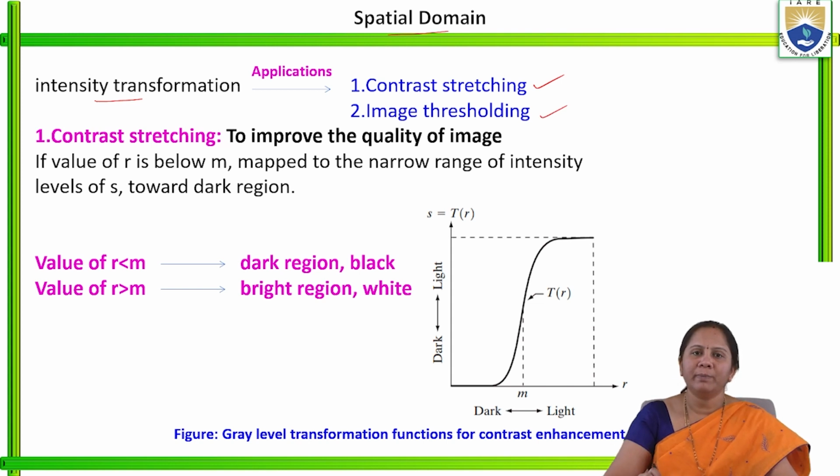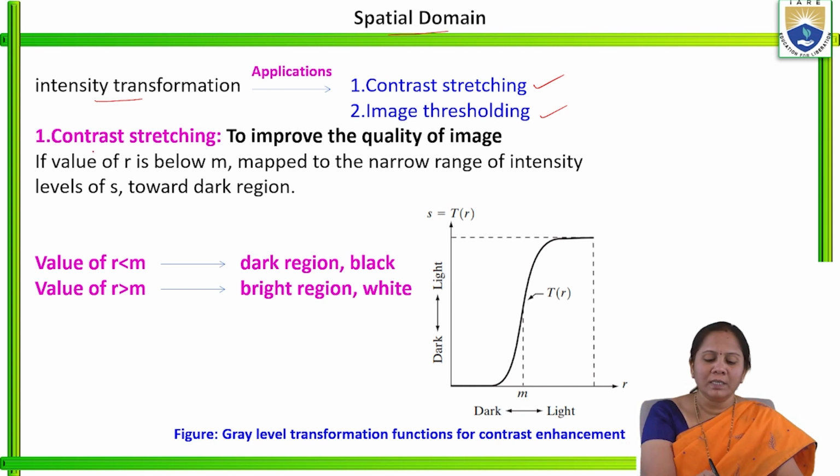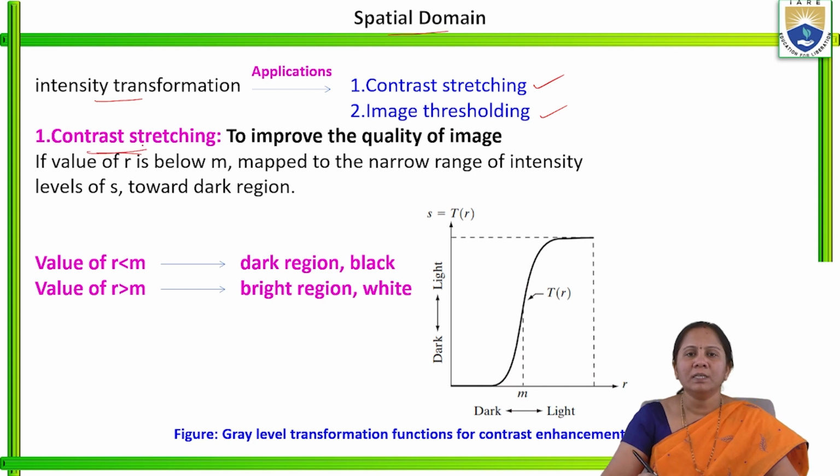We will learn what is meant by contrast stretching and image thresholding. First, what is the necessity of going for contrast stretching? What is the purpose of contrast stretching? In order to improve the quality of the image, we need to go for contrast stretching.